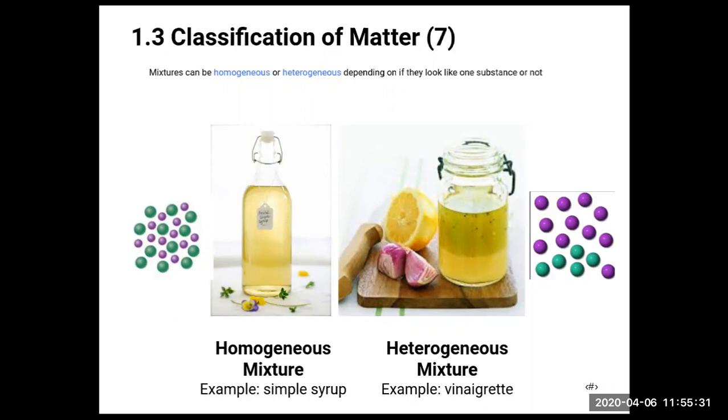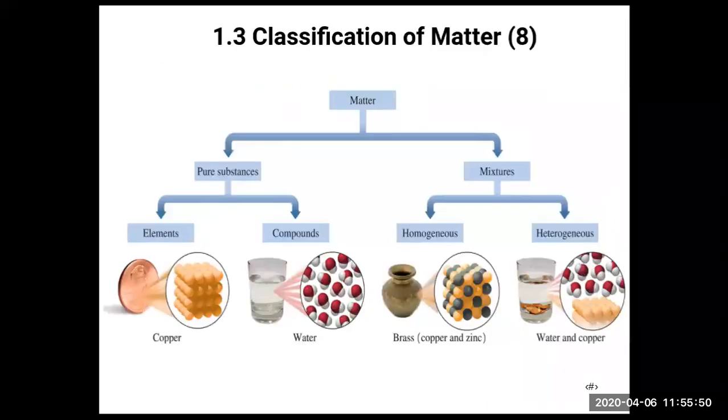And so hetero means different. A heterogeneous mixture is a mixture where you can see the different parts. You can see that it's made of different substances mixed together. So they are the easiest to recognize because it's physically visible that they are mixtures.